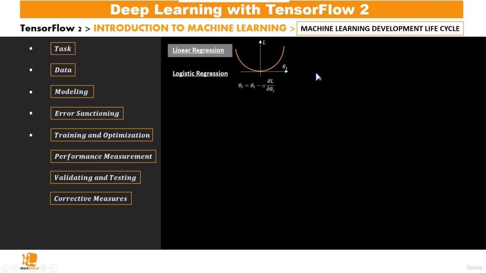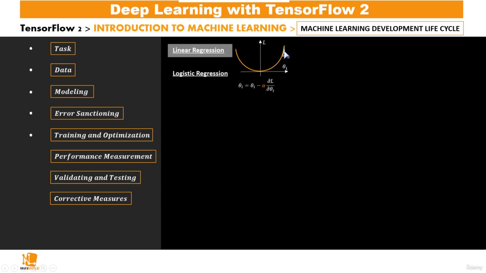Now, say we are at this point here. At this point, we have a specific value of theta 1. So let's understand how this gradient descent algorithm works. Drawing a tangent at this point and calculating the gradient at this tangent is similar to finding the partial derivative of L with respect to theta 1 at this particular point.